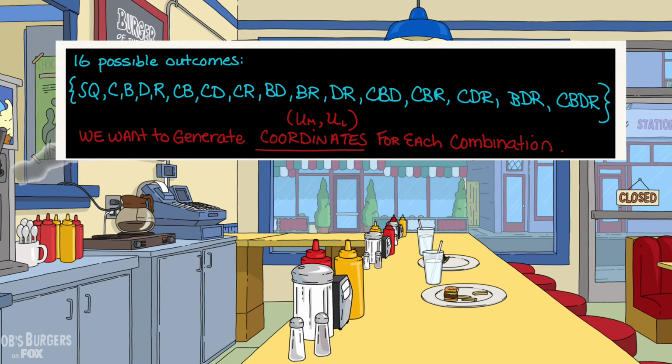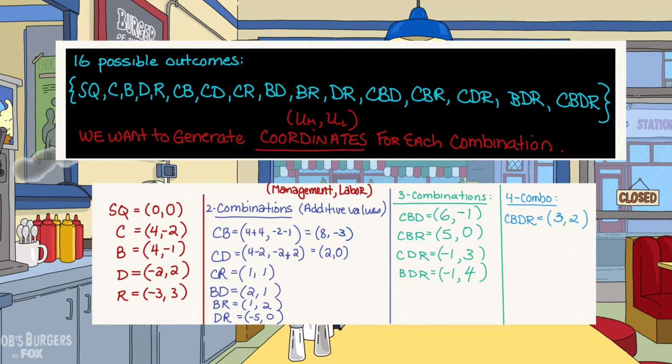So here is a list of the 16 possible values or coordinates to consider for the graph. For example, a combination of points C and B is additive for each component: 4 plus 4 gives us 8, -2 plus -1 gives us -3, and so on. Using each individual coordinate, we can plot them on our graph.